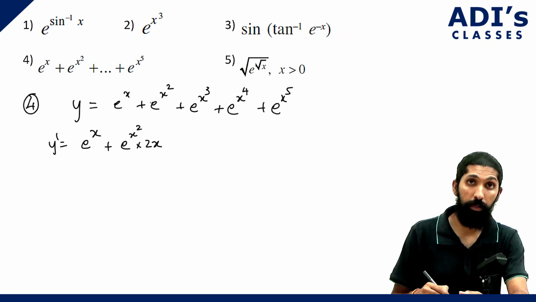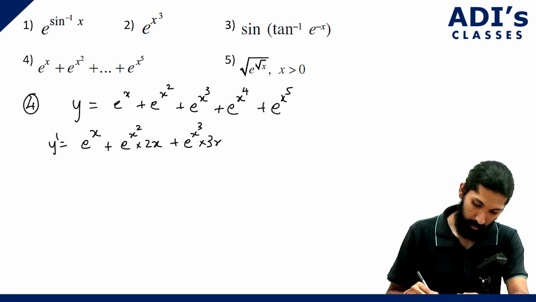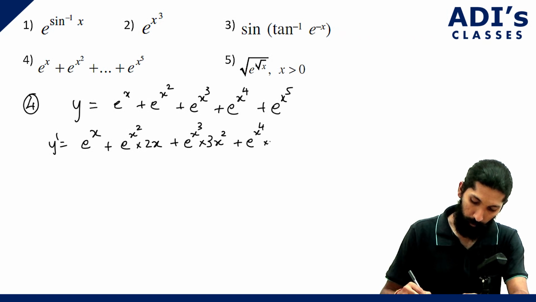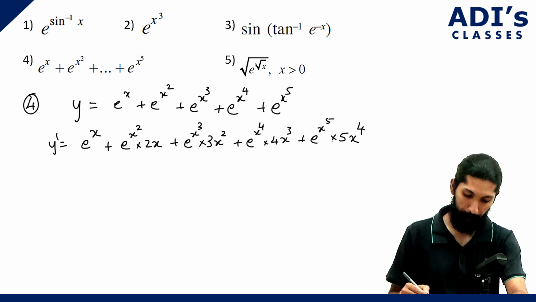Because x square derivative is 2x, plus e power x cube into 3x square, e to the power of x power 4 into 4x cube, e power x power 5 into 5x power 4.